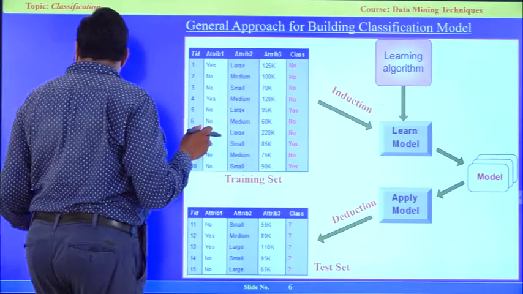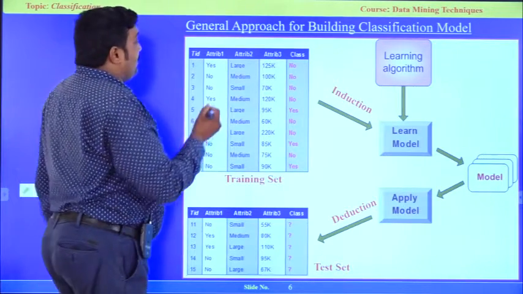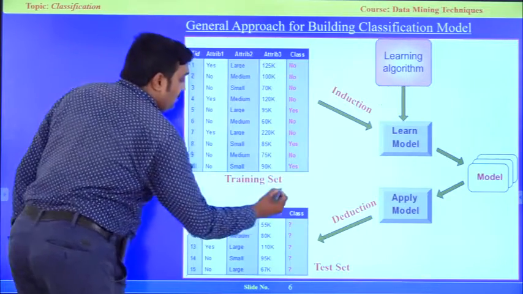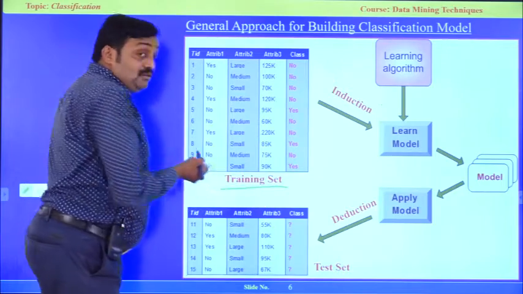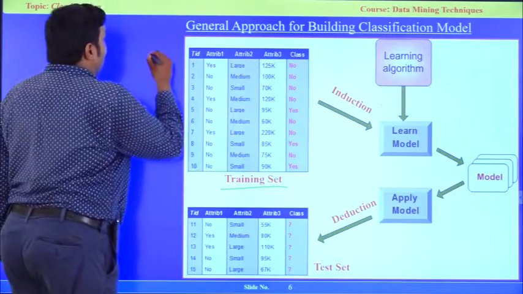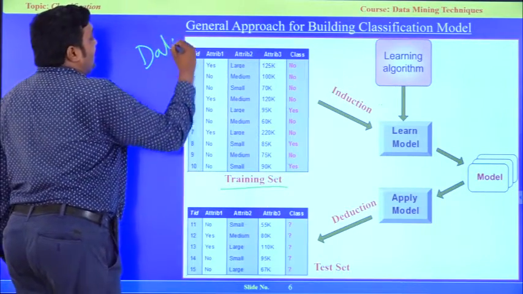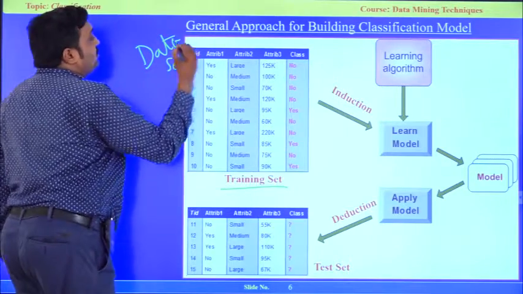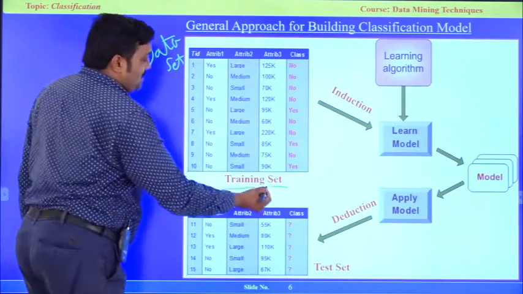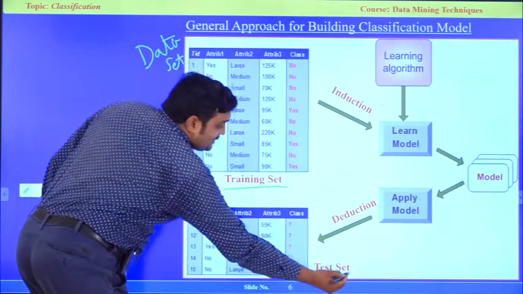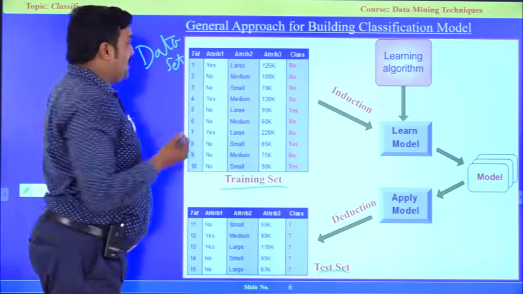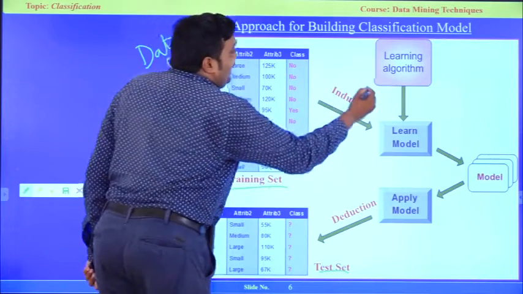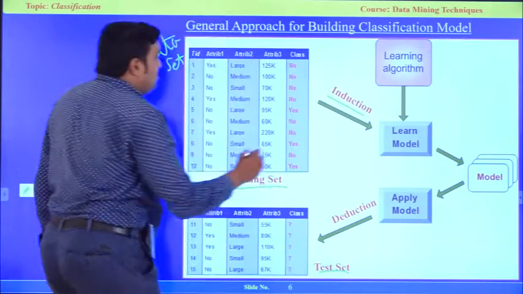See here, as per the previous definition, I am having two sets from the total data set: the data set is split into two sets, training set and test set. In the training set, we are going to learn the algorithm based on these values.